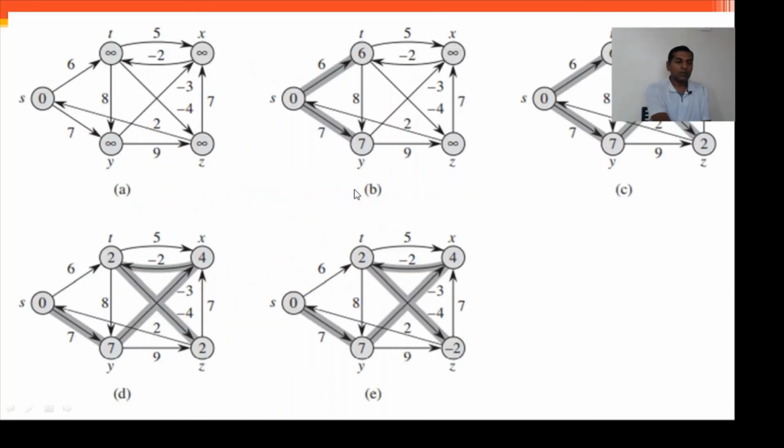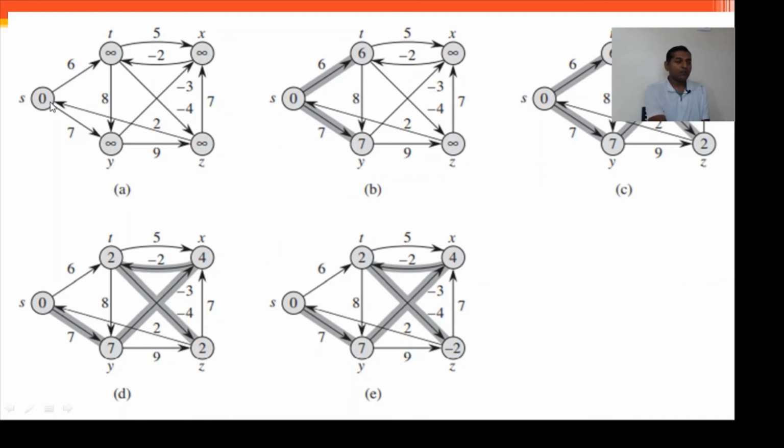If we apply this algorithm to this particular graph, then we assign all the vertices an infinity distance from the source, since the source is at distance 0. Edges are provided, and in this graph we have negative weights as well.